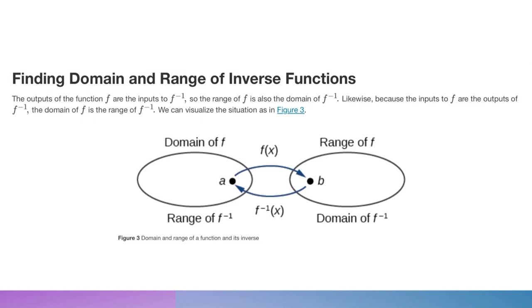So with this, if you have a function f of x, you have your domain, which is your set of input values, and it maps to your range, which is your set of output values. Suppose that function f has an inverse.